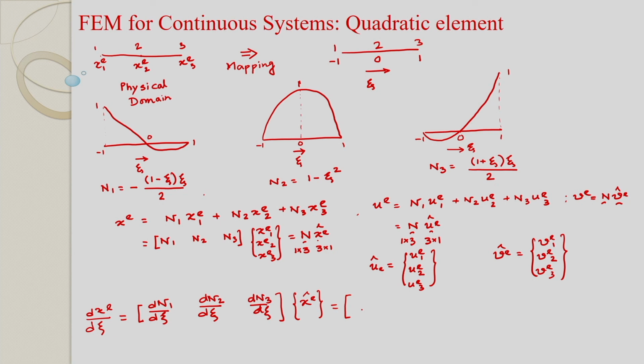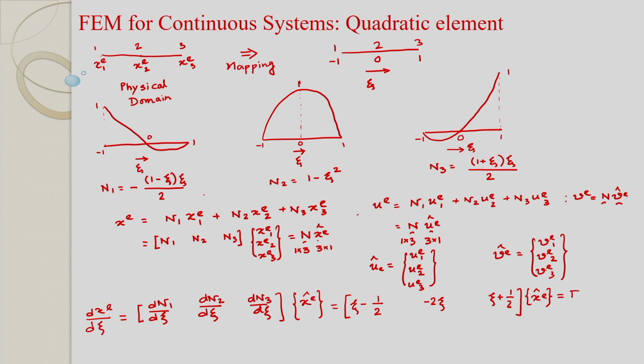If you take the derivative of the shape functions, we can write dN1 d xi is xi minus half, dN2 d xi is minus 2 xi, and dN3 d xi is xi plus half, times x e hat.